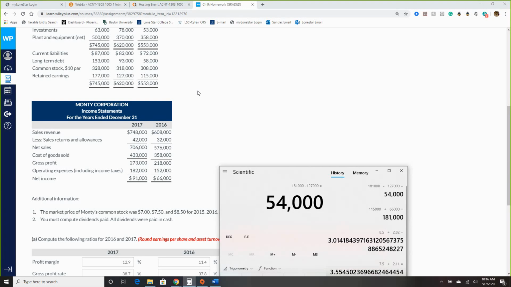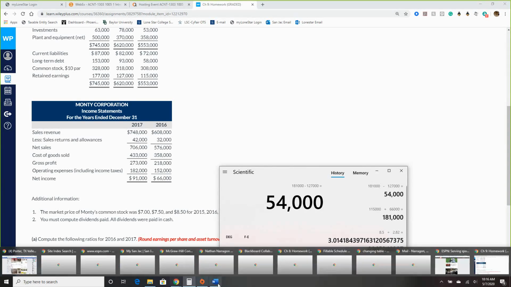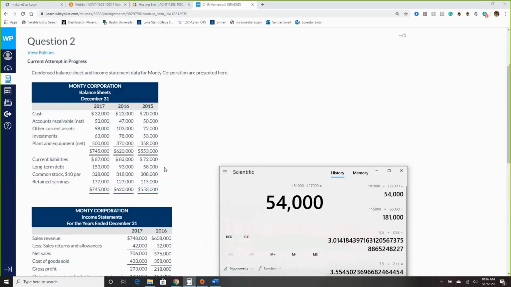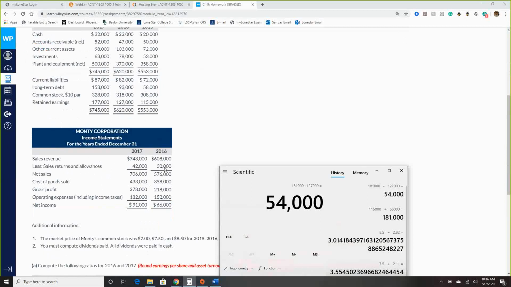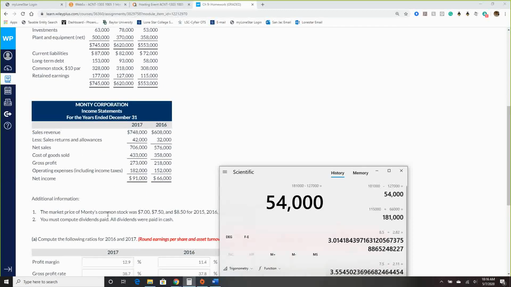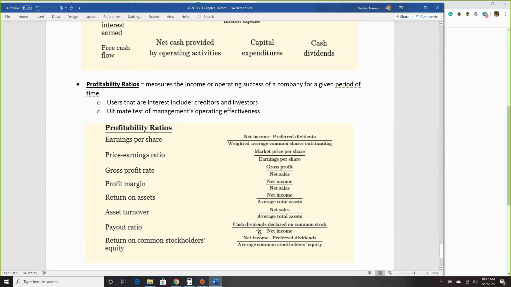So that means 54,000 of dividends had to be declared, or basically paid. Since we don't have anything that's missing actual declaring, though, all dividends were paid in cash. With this formula, we're probably going to use that and divide by net income.